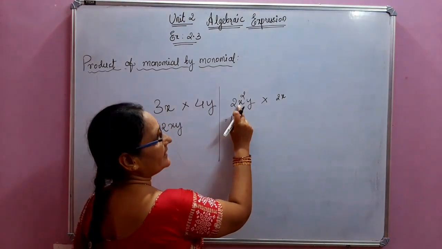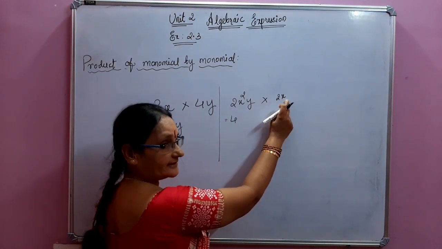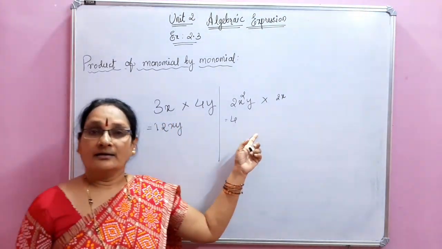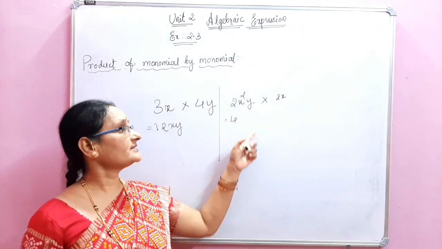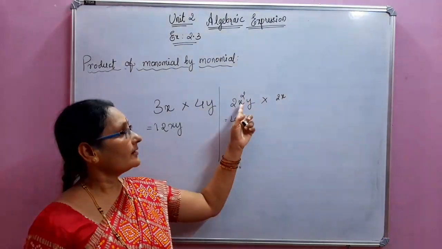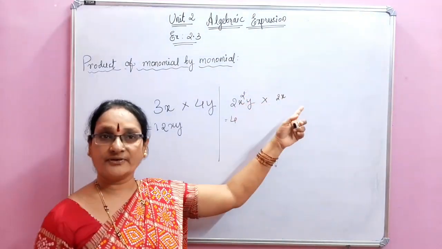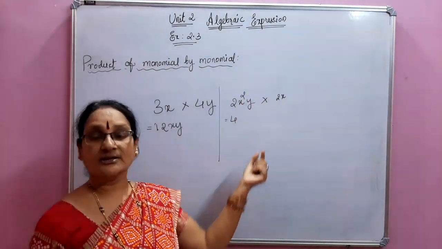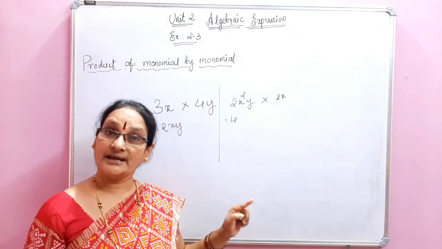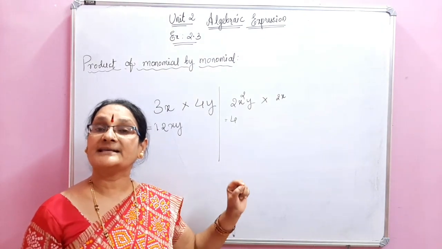Then see here, x square is here, x is there. You have already learnt the indices. This is the first law of indices. When the base is the same and powers are different, during multiplication we have to add them. a to the power m into a to the power n is equal to a to the power m plus n.